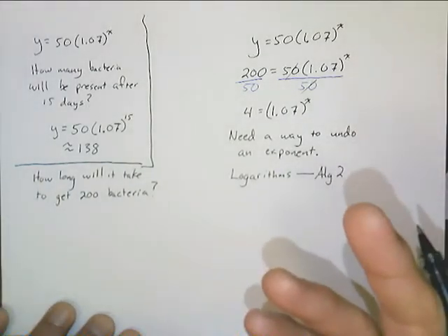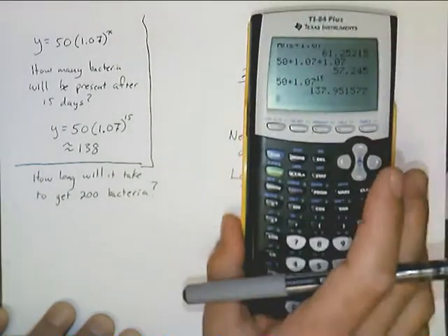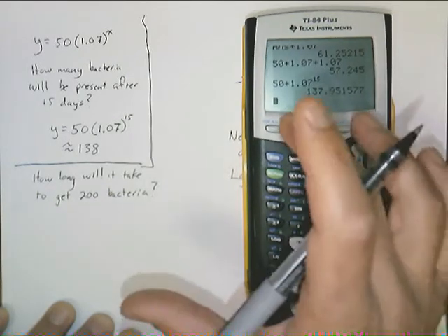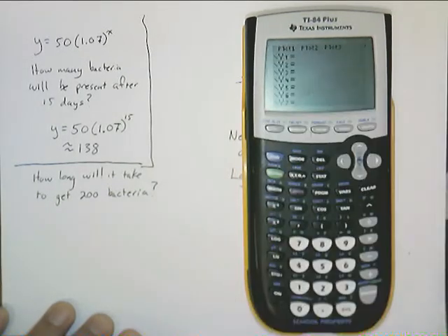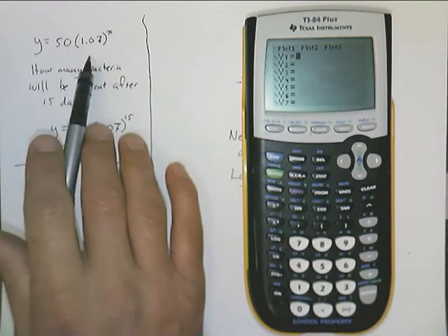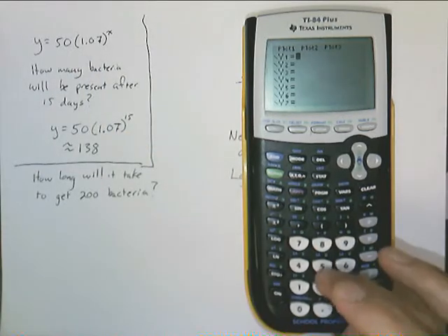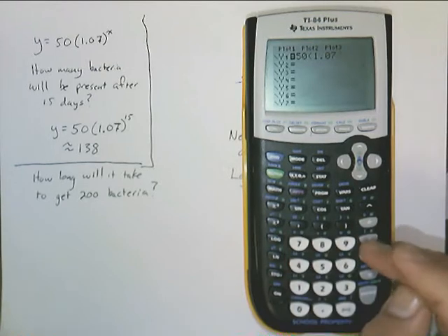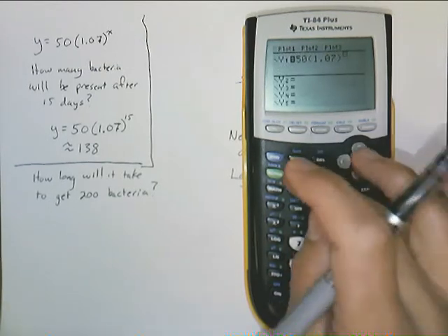Instead, what we could do is make use of our handy-dandy calculator again. So if we go over here to our function y equals screen, we can just plug in our model. y is equal to 50 times 1.07 to the power of x.